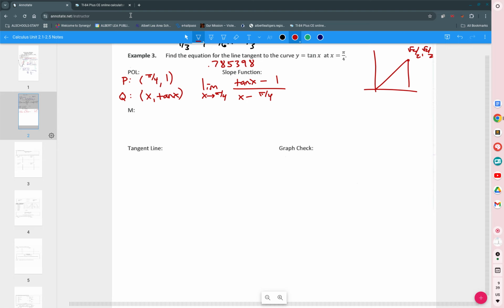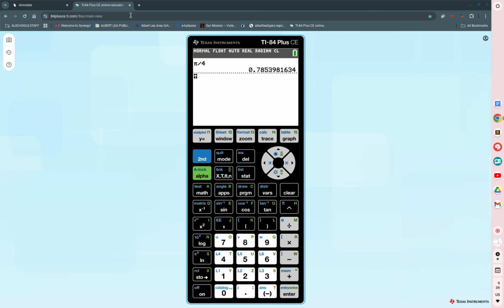Now, Danny brought up something before. I just want to make sure we're careful with that, okay? I go to my table here. What's a number that's close to that 0.7 whatever? 1, sure. What I don't want you to do is type in a decimal really close to it right away. Creep up on it gradually. That's the concept of the limit. What's a number that's closer than 1?